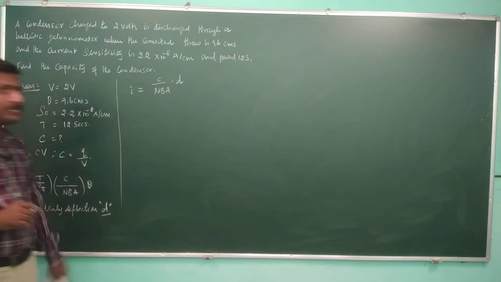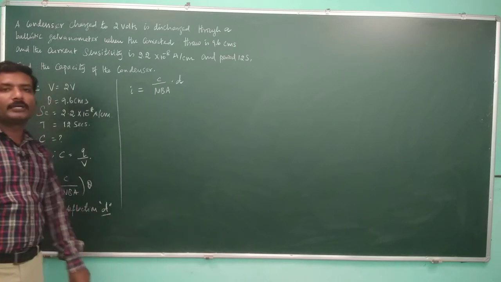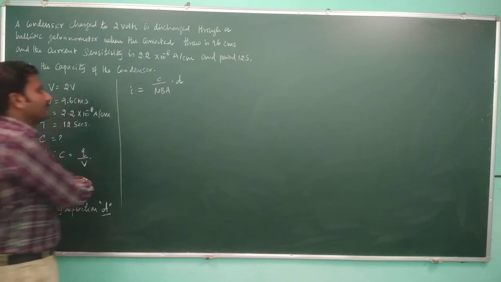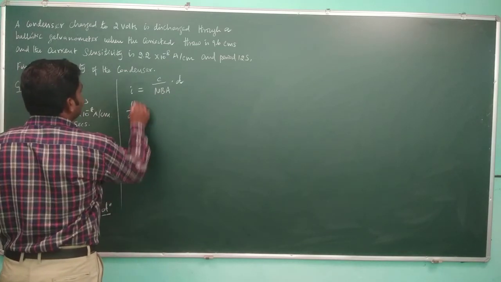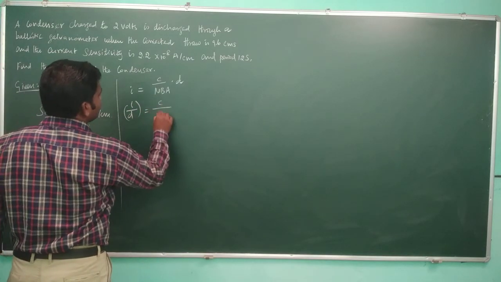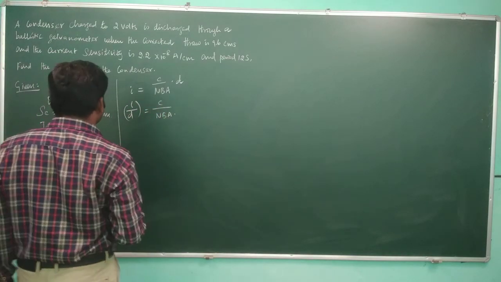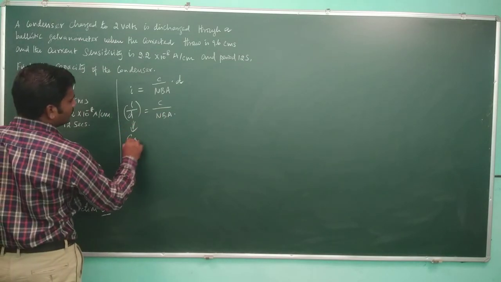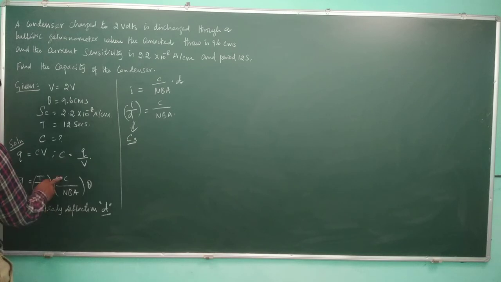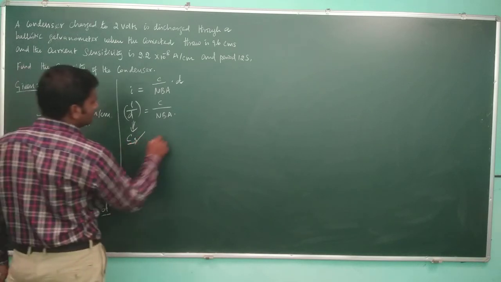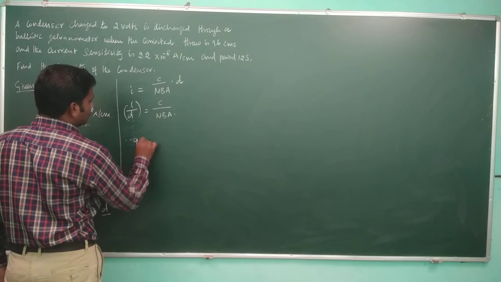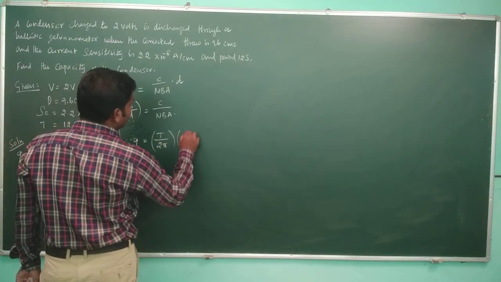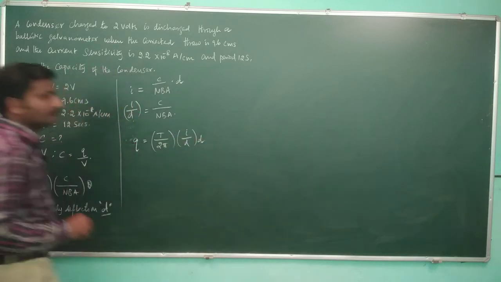Now if you write I by D, that is nothing but C by NBA. So this I by D is nothing but current sensitivity. Fine. Now we can replace this C by NBA, so that Q equals T by 2 pi multiplied by I by D into theta.